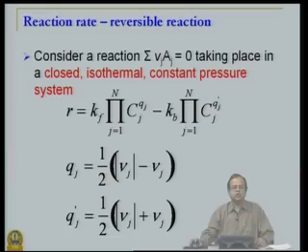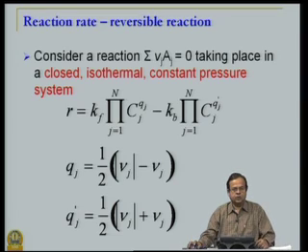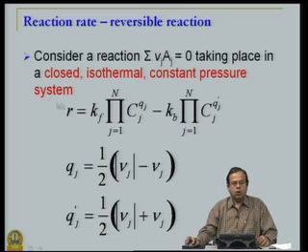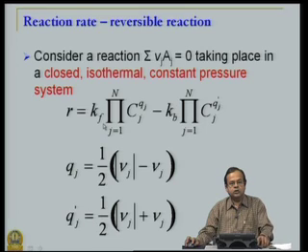As we saw last time, we start with the reaction summation nu j A j equal to 0 taking place in a closed isothermal constant pressure system, and let us say that this reaction is reversible. So, what we have is forward rate, K f into product of C j raised to Q j, product over all species.